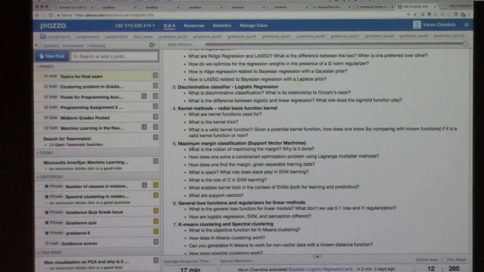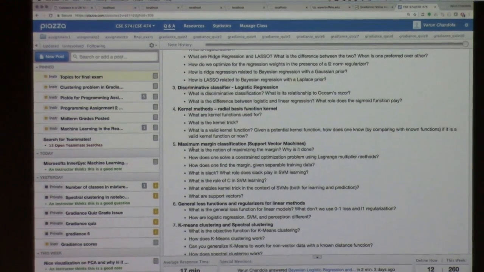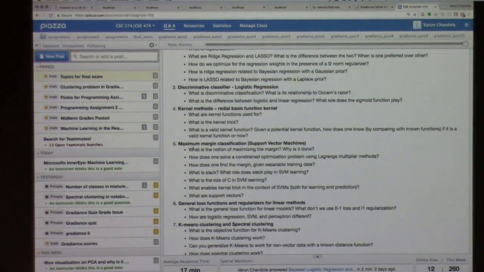So that is one thing. The other thing you need to understand is what the kernel trick is. I mentioned the kernel trick in the context of several algorithms like linear regression and support vector machines. The kernel trick essentially says that you can do the whole learning and inference and everything.